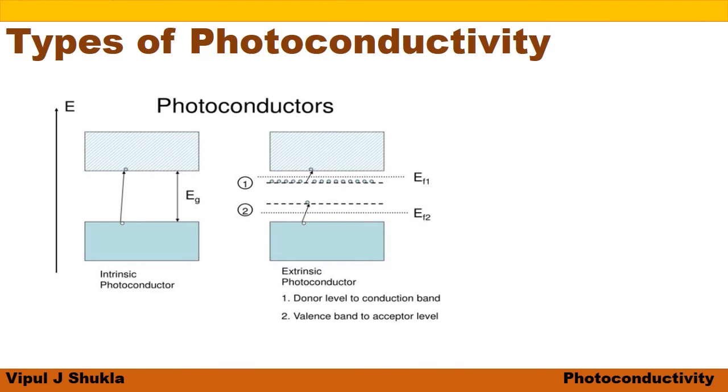The holes eventually react with chemisorbed oxygen and release oxygen, leaving behind electrons, which take part in the photocurrent. Further, oxygen molecules are chemisorbed on the surface of zinc oxide and capture the electrons as absorbed species.